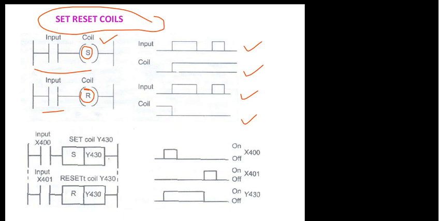Once the input appears, and you can see here whether the input gets discontinued and once again it appears, that doesn't really matter to keep the coil in the set status forever. The moment you get the input here, the coil is going to get set and it will remain in the set condition.